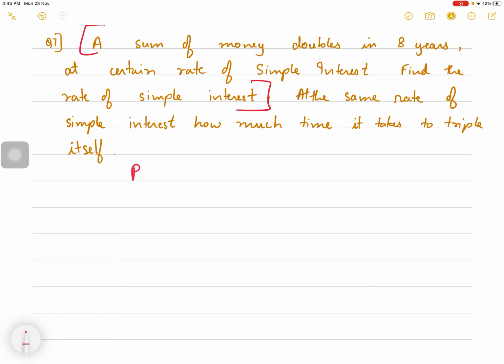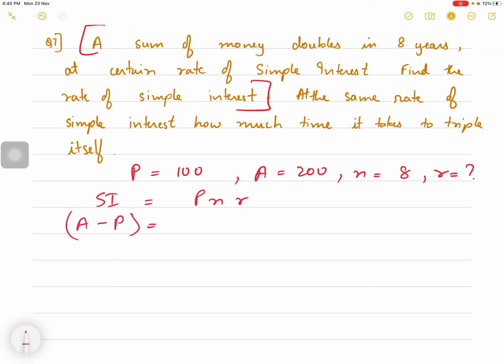So if P is equal to 100, A is equal to 200 because it is getting doubled, and N is 8 years. You are supposed to find R. Find the rate of simple interest, right? So simple interest is equal to P into N into R. Interest is A minus P, correct?